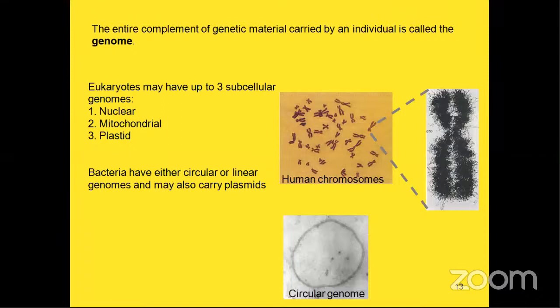In eukaryotic species there are different kinds of genomes: the nuclear genome, mitochondrial, and plastid. Bacteria and lower eukaryotes have linear genomes, and they can also carry plasmids.